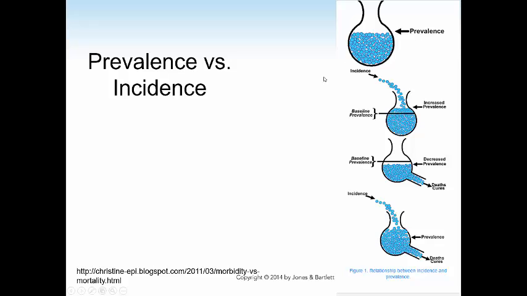So incidence means new cases during a particular exact time. Now, these incident cases, these new cases, then join the prevalence individuals, right? So they increase the prevalence beyond the baseline. So here's the baseline. Incidence is new cases. These new guys join the old guys and they all become one big population.